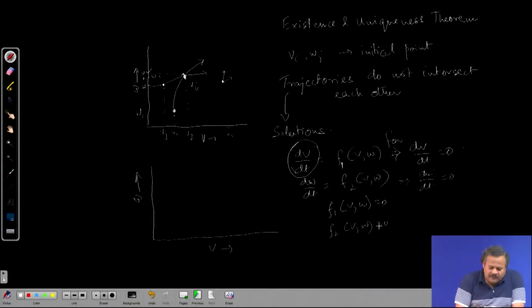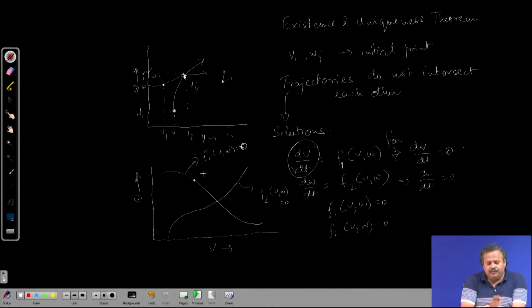So, arbitrarily, let us say this is the region along which the combination of V and W values gives F1(V, W) equals 0. Then at this point, if the system is there, there is no net flow along the V direction, that is, in the horizontal direction, which means that a trajectory crossing this line must cross it vertically.